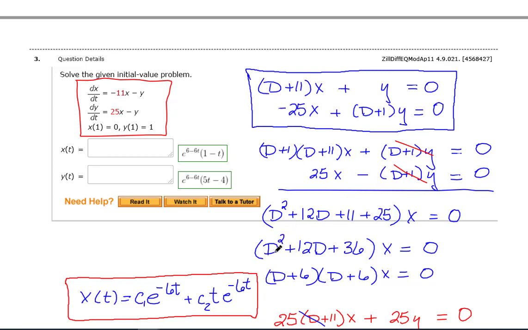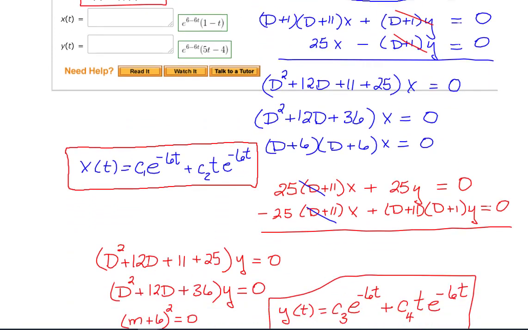That gives me my equation for my second order problem, which factors into d plus 6, d plus 6. It's a repeated term. Being a repeated term, I get x of t equals c1 e to the minus 6t, and a c2 t e to the minus 6t.